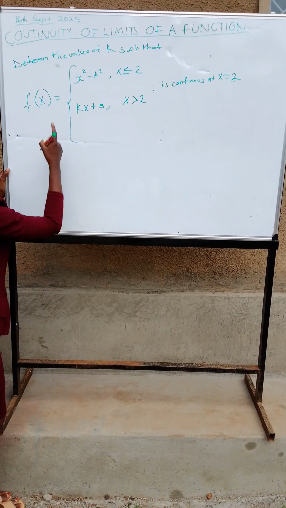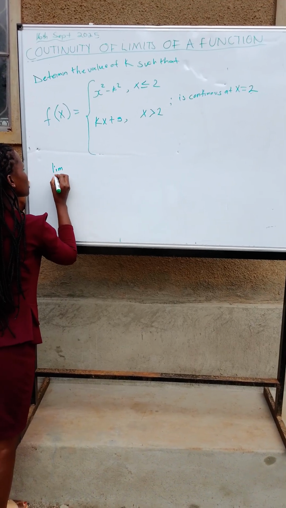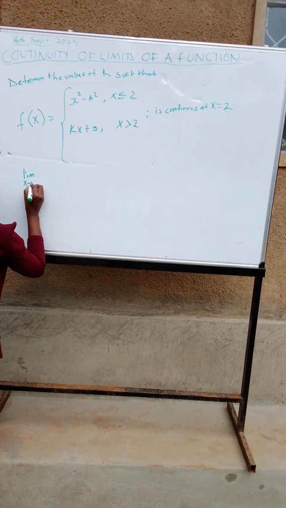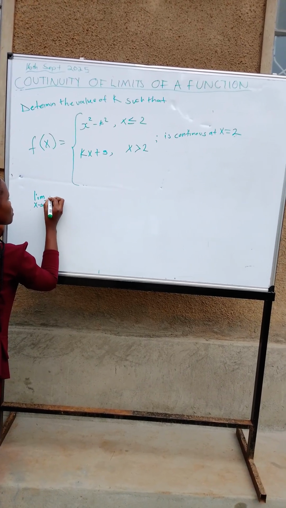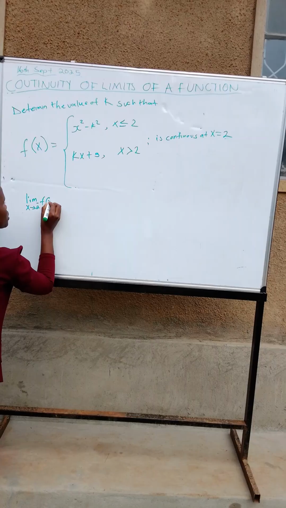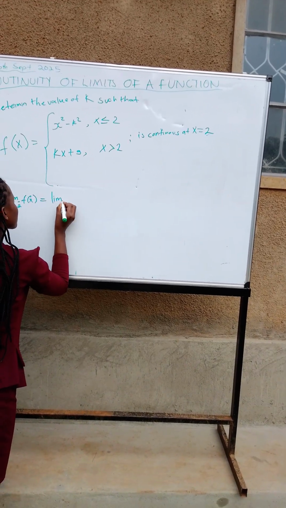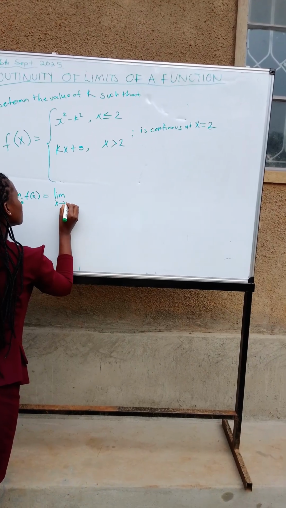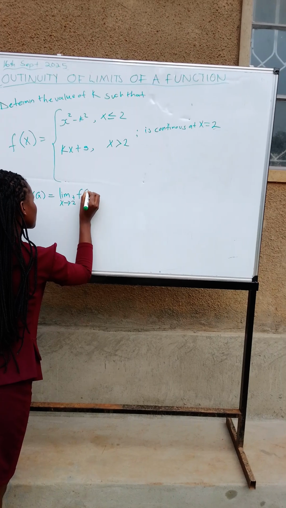From here we are going to first find the limits, and compare the limit as x approaches 2 from the left of f of x with the limit as x approaches 2 from the right of f of x.